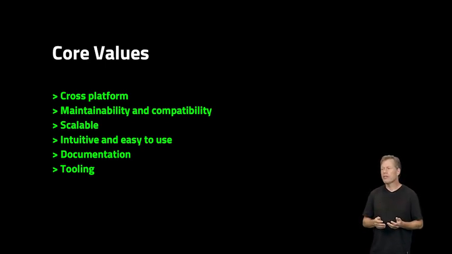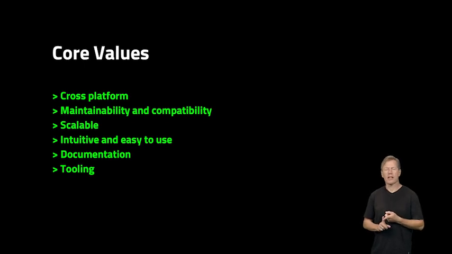Before going into the details of the features, there's also a couple of things that we need to remember when we think about compatibility and what's important for you as a user of Qt, what makes Qt valuable, what the core values behind it are. And those we need to really take care of when we develop the new version.